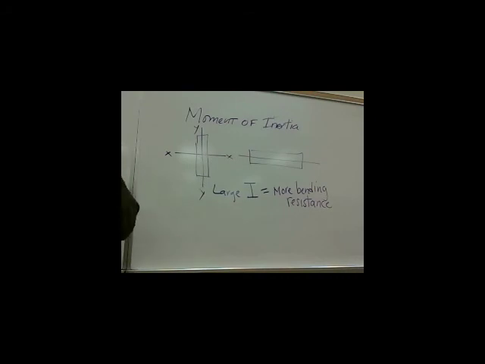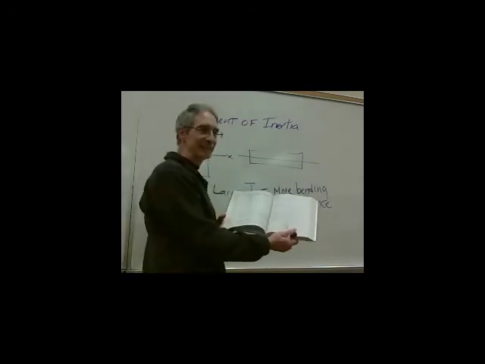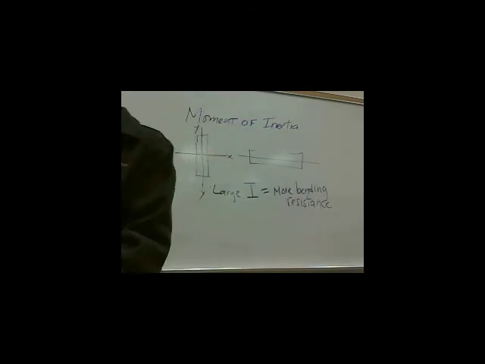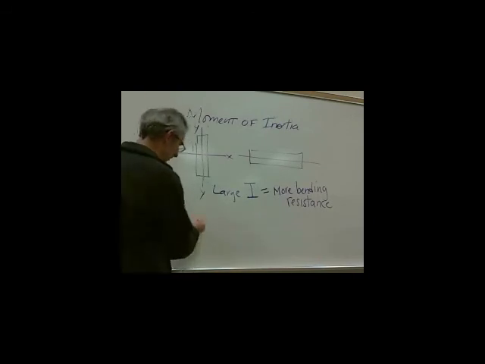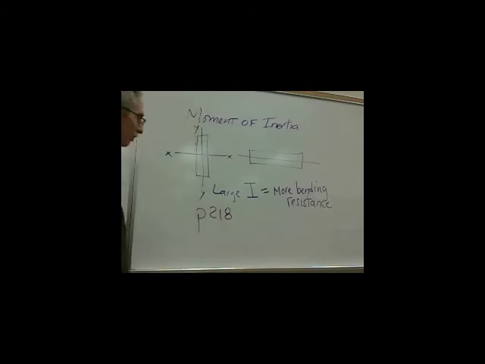Okay? So, where do we start out here? Well, we can start out here, again, pretty much like we did with centroids. And in centroids, we said, hey, there's a table. It's got the location of the centroids for standard shapes. Well, in your book, if you go to page 218, there's another table that gives you the moment of inertia for standard shapes about the standard shape centroidal axis.